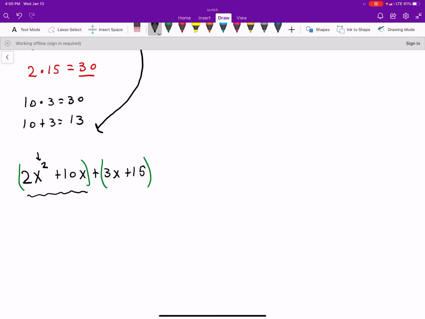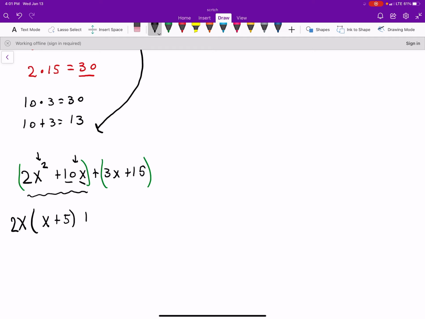This has x squared, and this has 1x, so I can factor out an x. But 2 and 10 also go into each other, so I can factor out a 2. So I can factor out a 2x total. If I factor out a 2x, I'll be left with one more x because there's an x squared, and then plus 5, because 10 divided by 2 is 5.